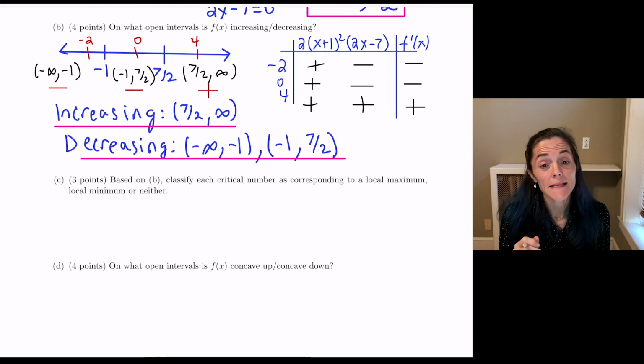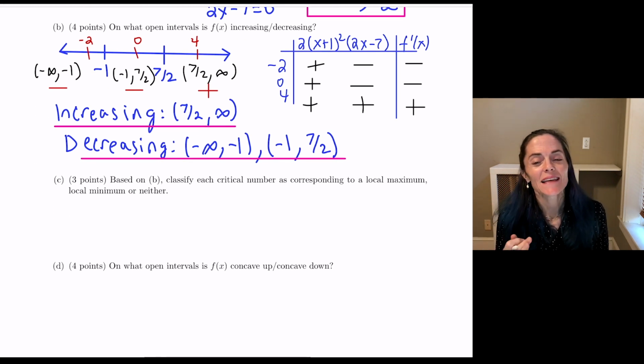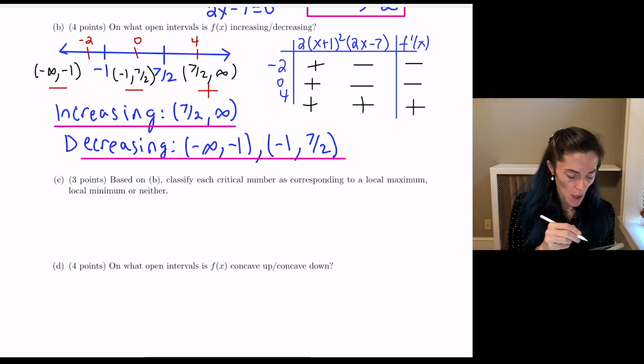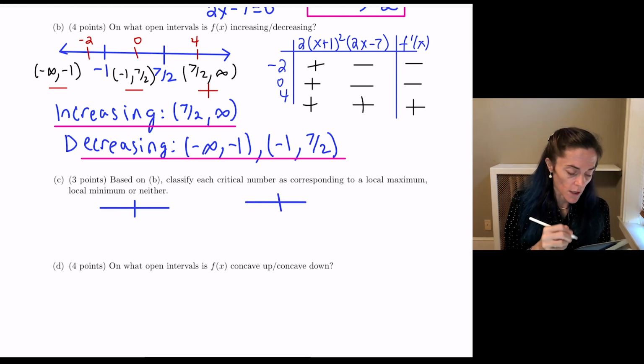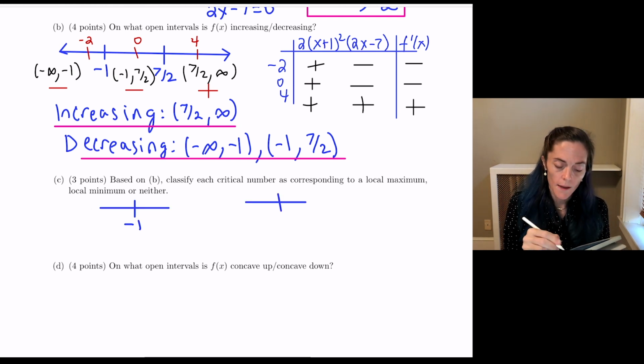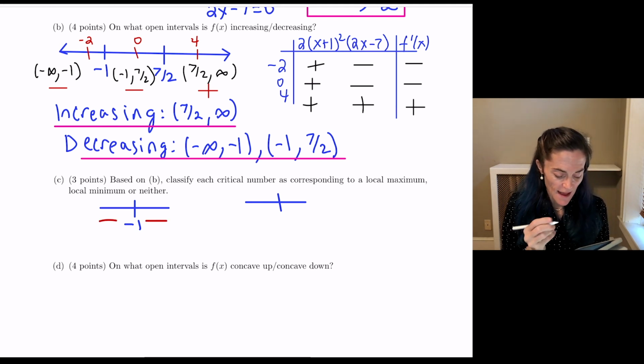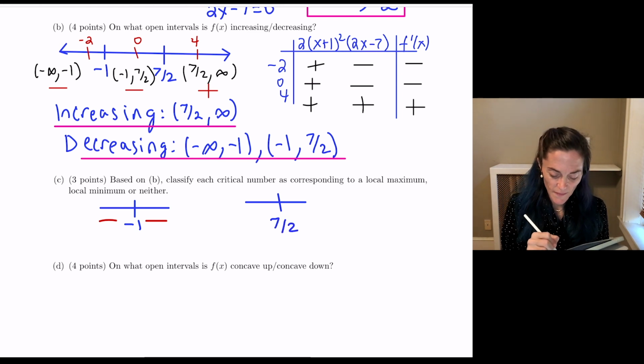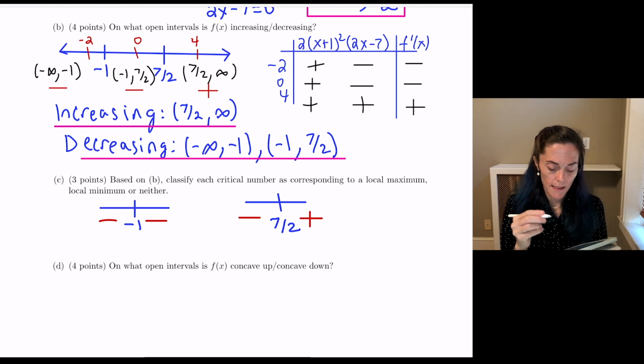Next one, based on B, classify each critical number as corresponding to local max, local min, or neither. Okay, what I typically do is I just recopy my number line. So I have critical number -1, and I see minus minus. I have critical number 7/2, and I see minus plus. Very nice.